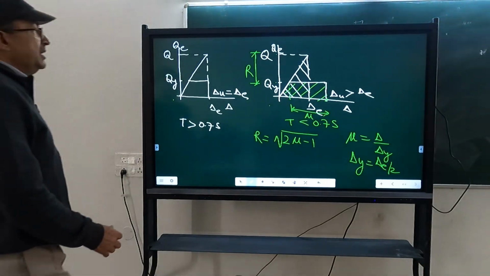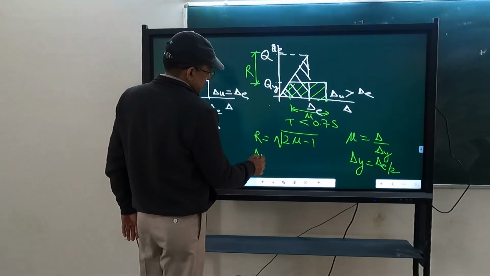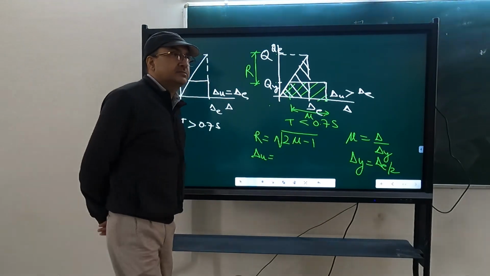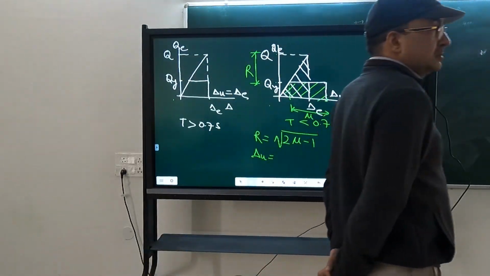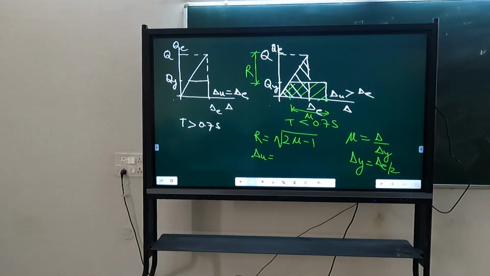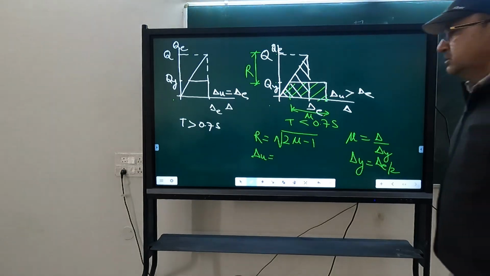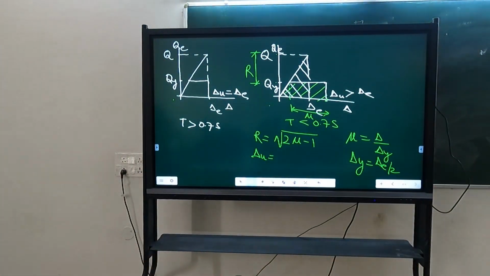So can you tell me how much is this delta U in terms of delta E? Just some substitution you have to do. You know R? Yes. How much was it?